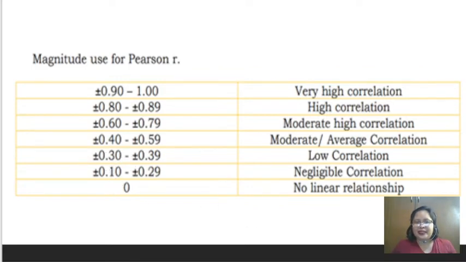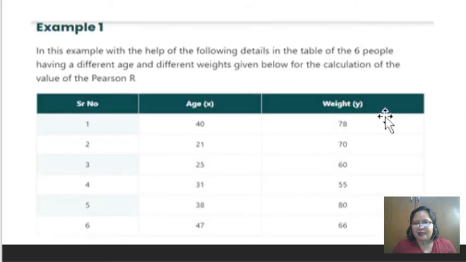So we will see based on the example. So example number 1. With the help of the following details in the table of the 6 people having different ages and different weights given below, calculate the value of the Pearson R. So, we have 6 people.